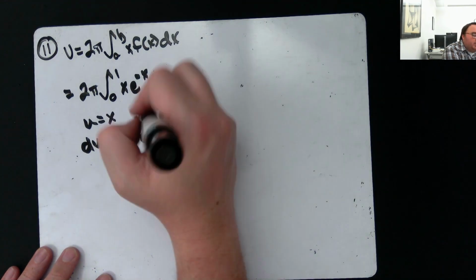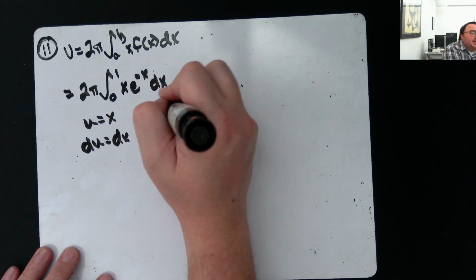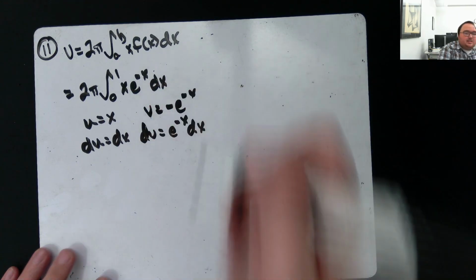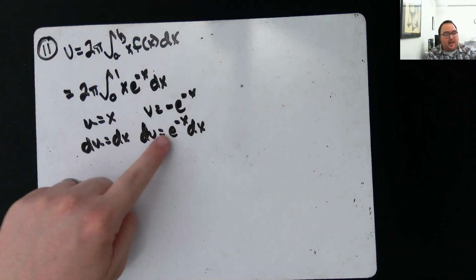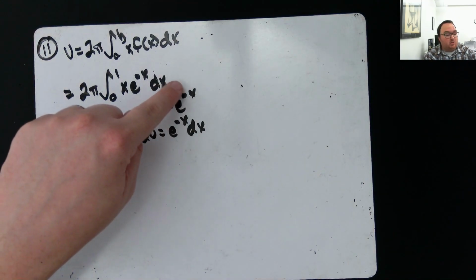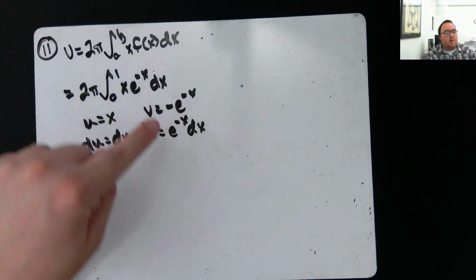The antiderivative of e to the negative x is negative e to the negative x, because that's what I would need for the derivative to be that, right? Because I would bring down the minus sign to make it positive.